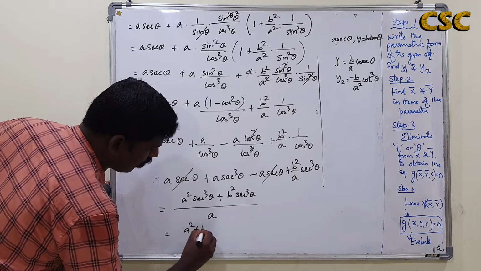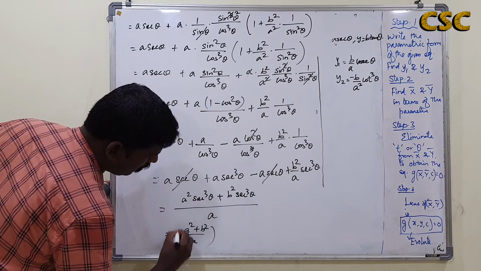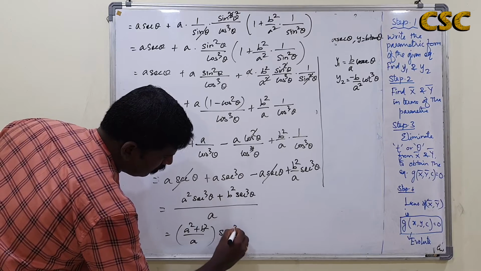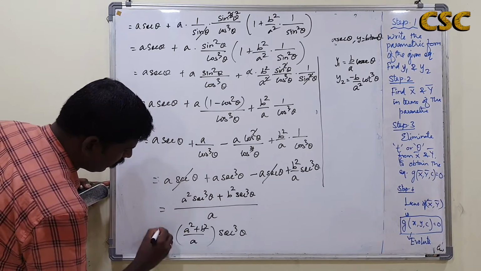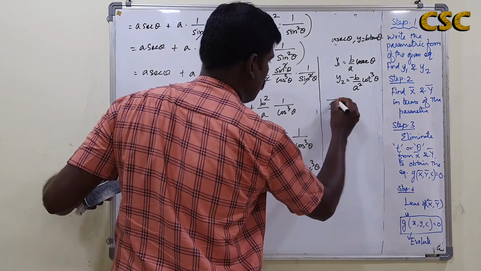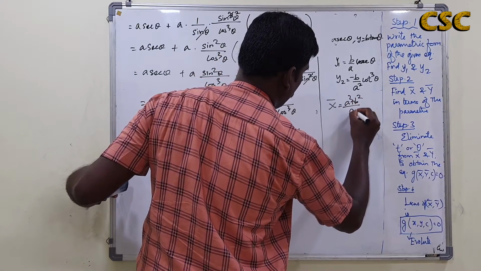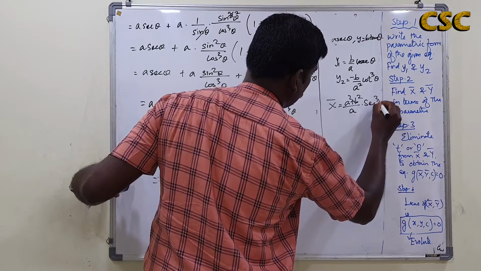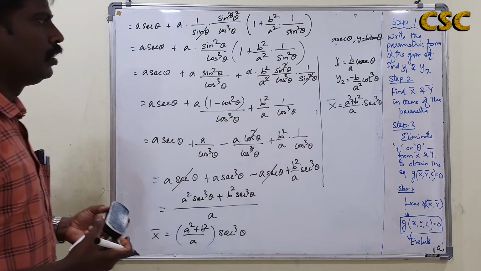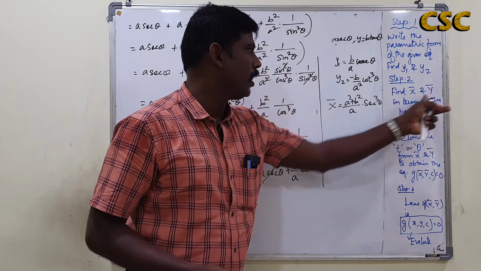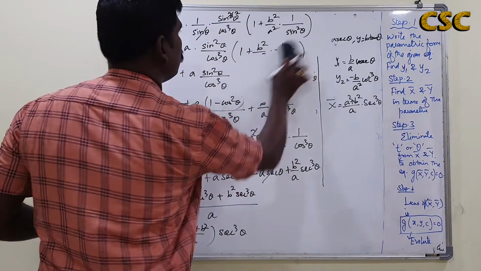So a square plus b square by a into secant cube theta is the value of x bar. So what is x bar? A square plus b square by a into secant cube theta. Okay. Now I am going to find out the value of y bar in terms of theta. Okay.